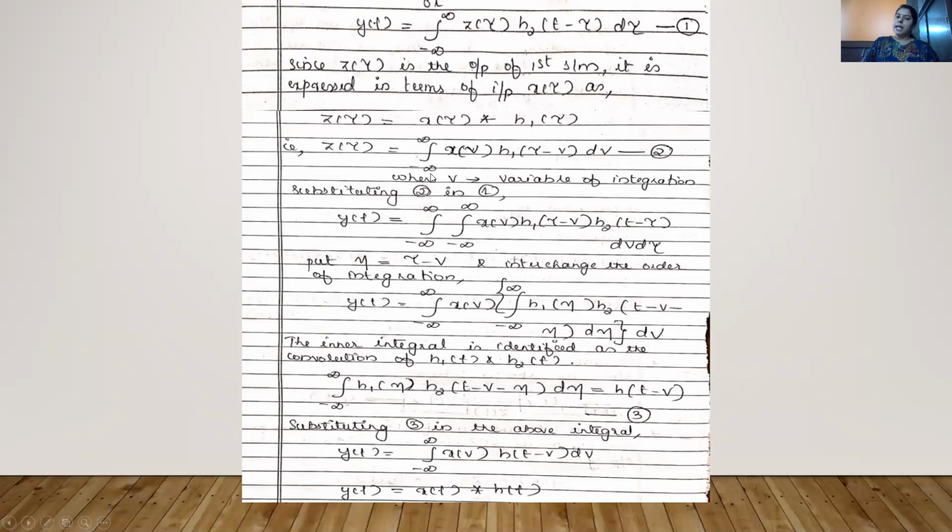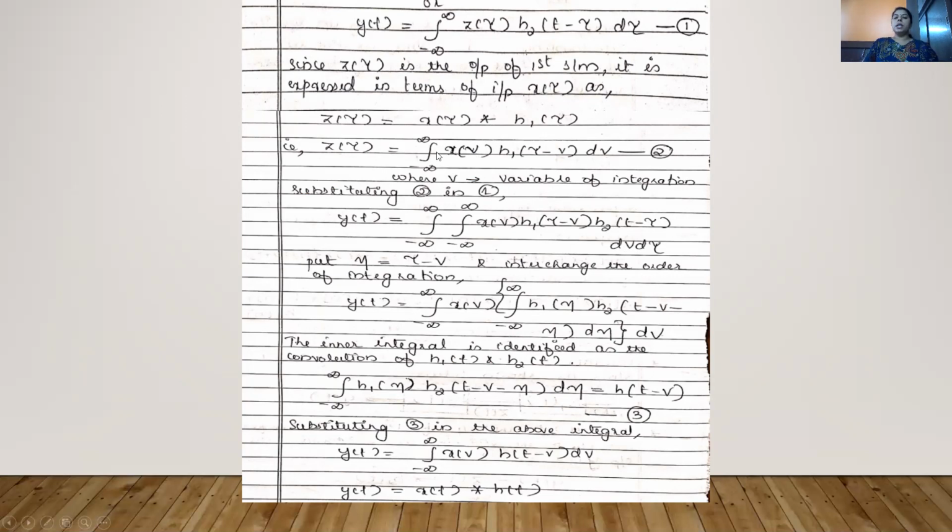That again I can represent in this form. Actually, this is in terms of tau. Previously, all equations we wrote in terms of t. So here we need one more extra variable. For that, I'm taking a variable v.